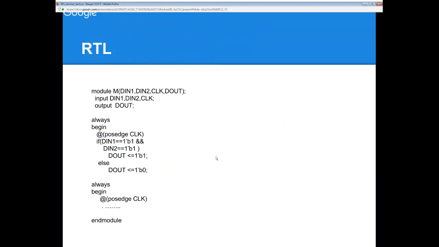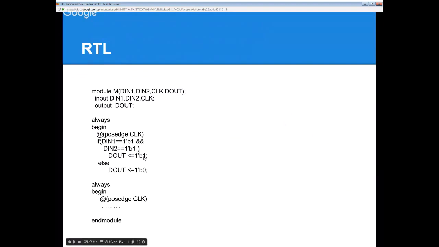Here is a very short example of the HDL. Actually, this is Verilog HDL, and it looks similar to the C language. We can use if else and so on.